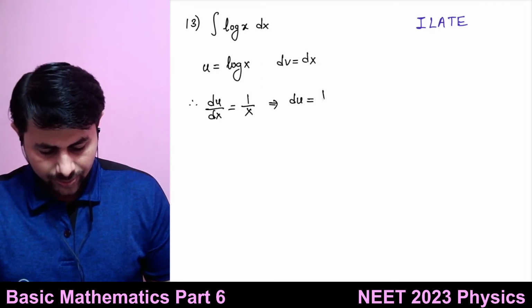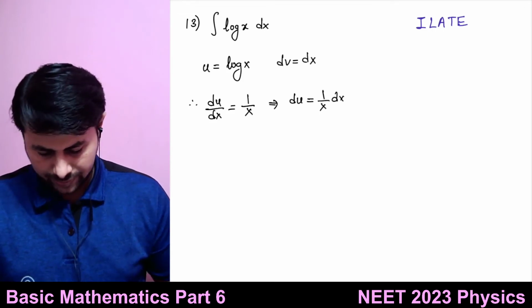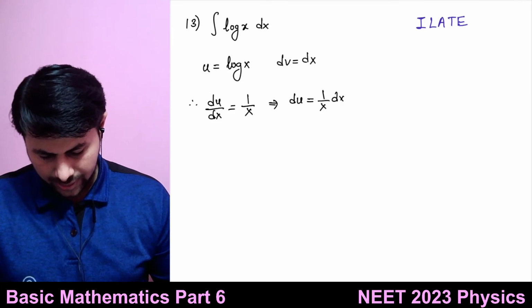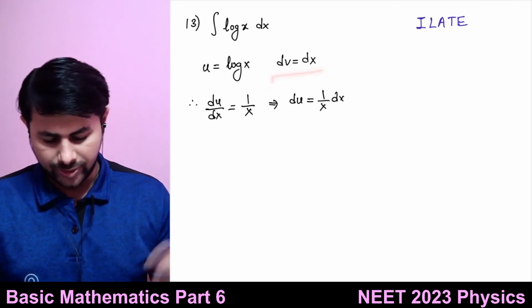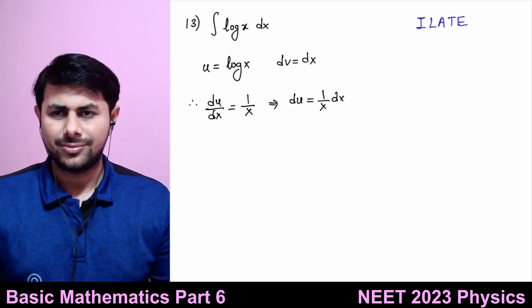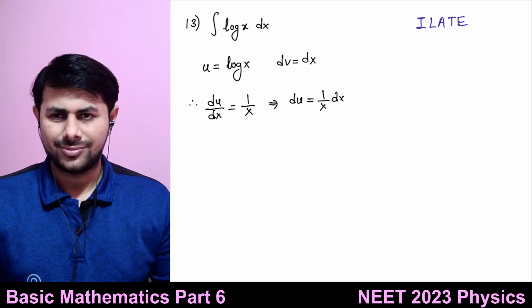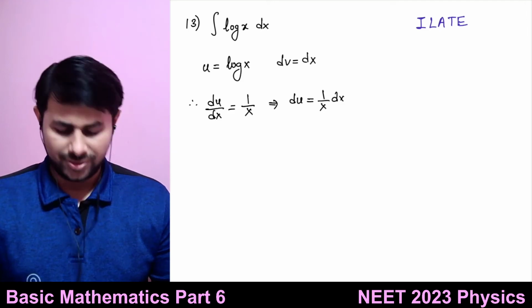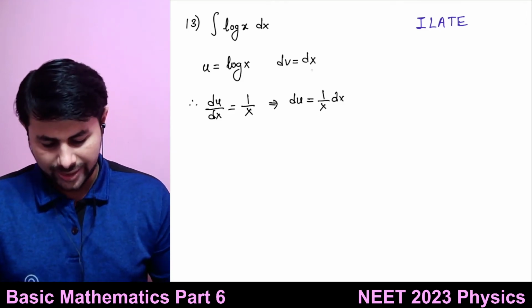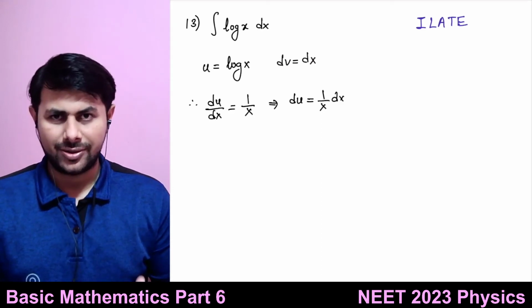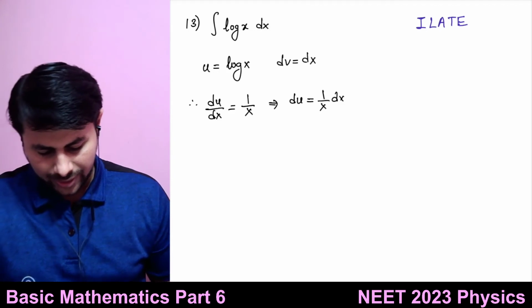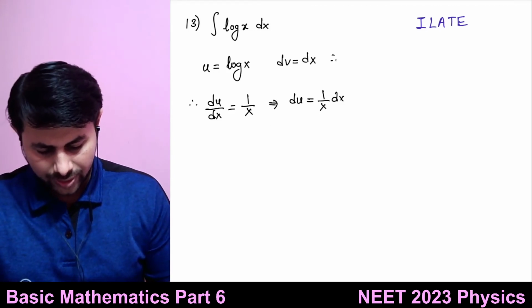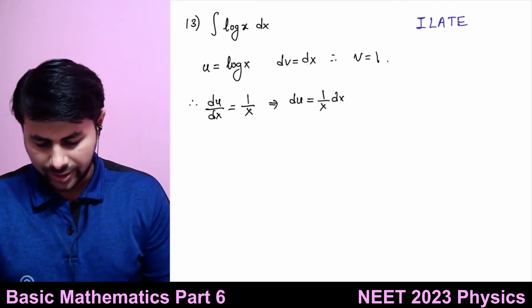Then dv equals dx. That means what is v? V is equal to x, because the derivative of x is equal to 1.